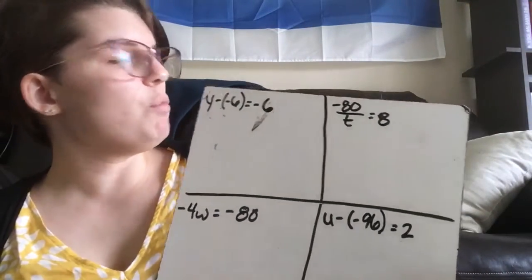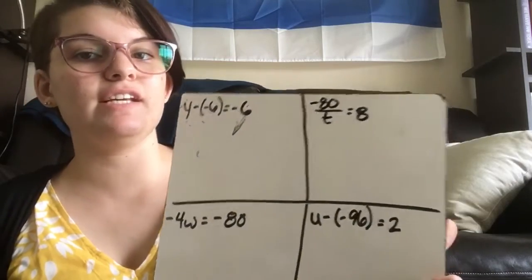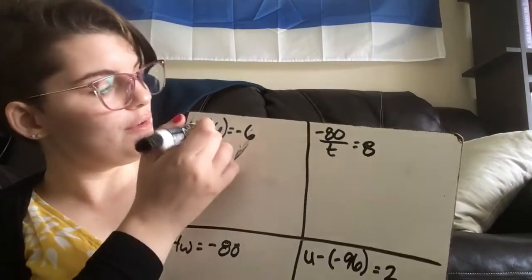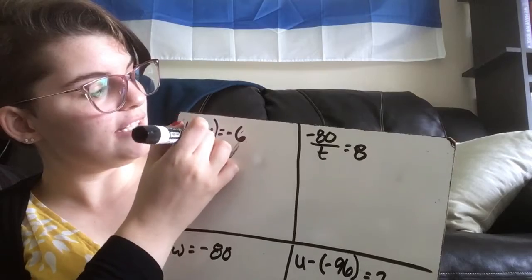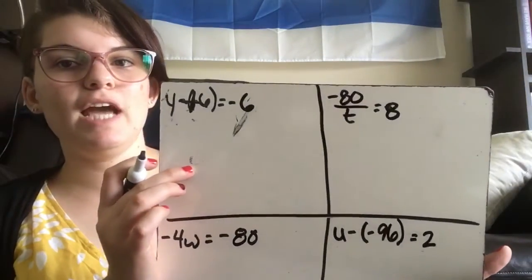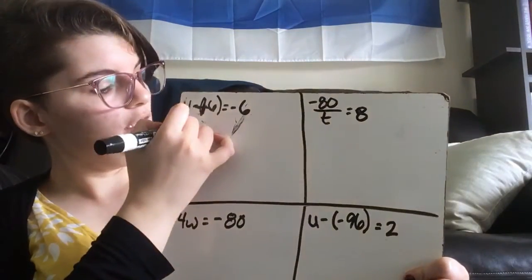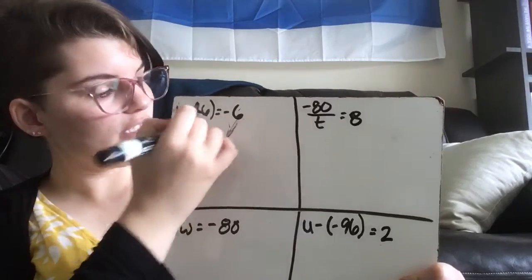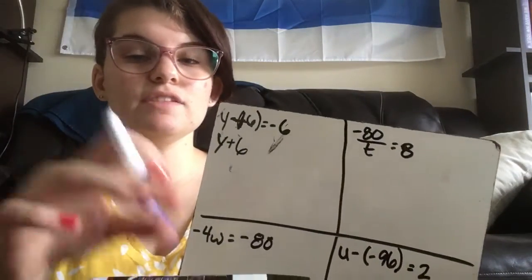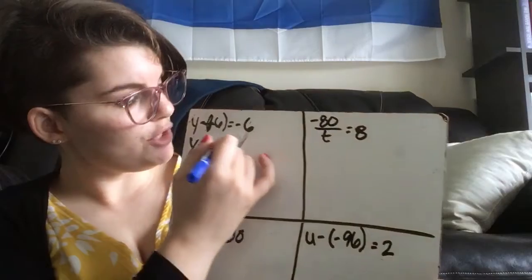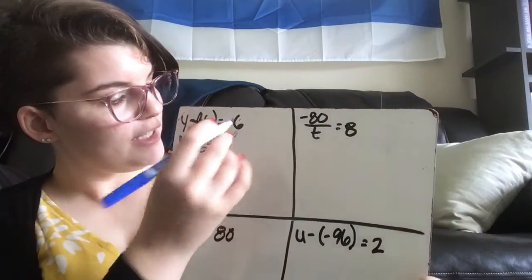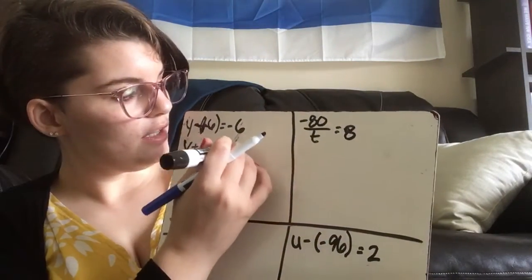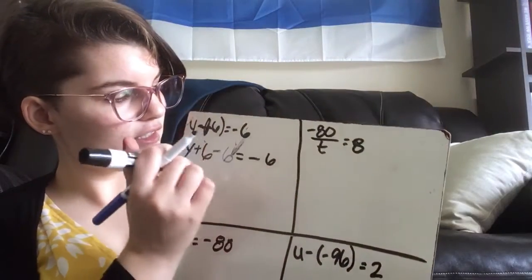So 1, we have y minus negative 6 equals 6. So remember, the first thing you notice is that minus a negative really means you're going to be adding it. So y plus 6, to get rid of a positive 6, what do I have to do? Subtract 6. Minus 6 equals negative 6.